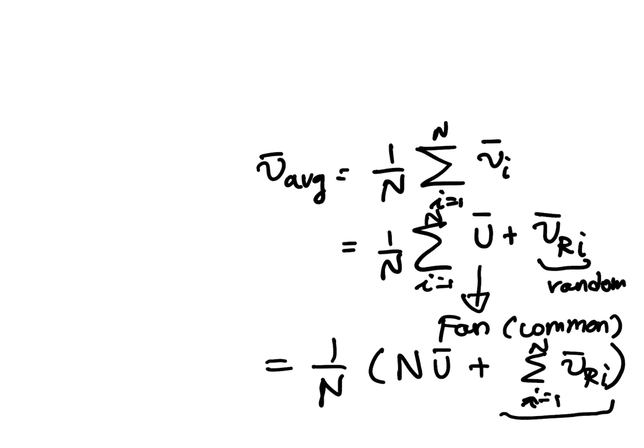If there is no bulk pushing, if there is no fan, these random components will all sum up to 0. It's just like a fluid at rest, and each molecule roughly has a speed that is equal to the velocity with which the fan is pushing all of them. So the average velocity of the flow in this case is equal to u bar.